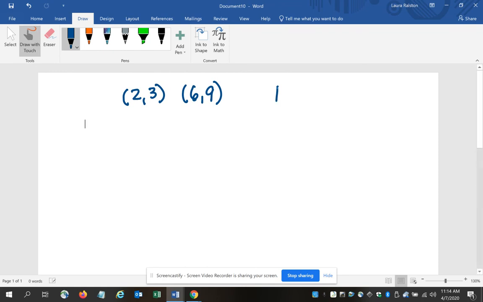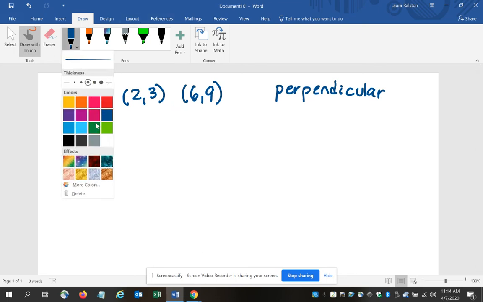And ultimately, you're asked to write the equation of the line that is perpendicular to the one that goes through those 2 points.